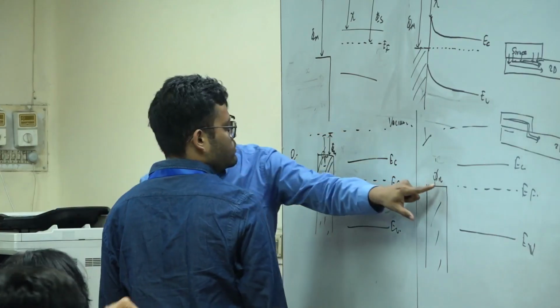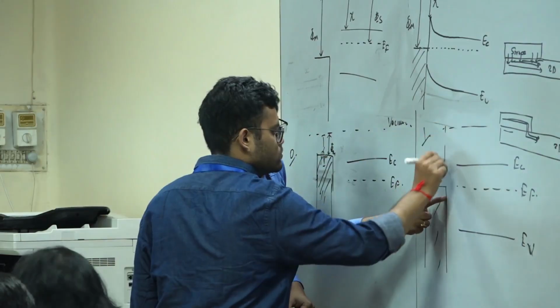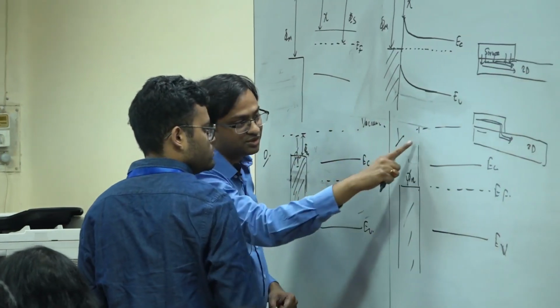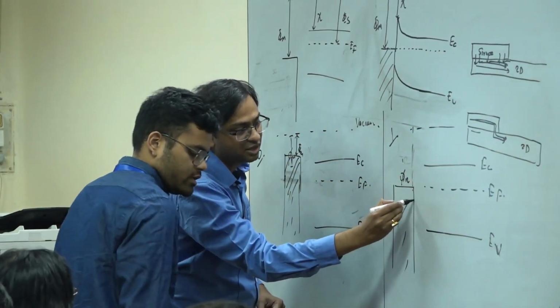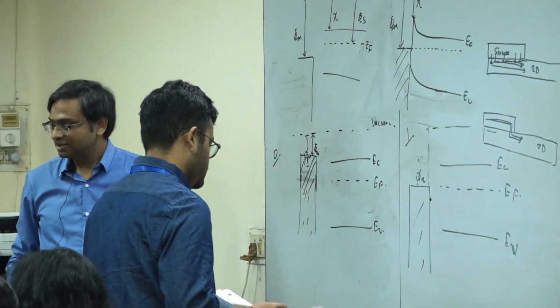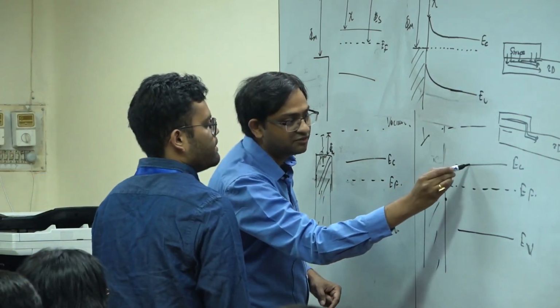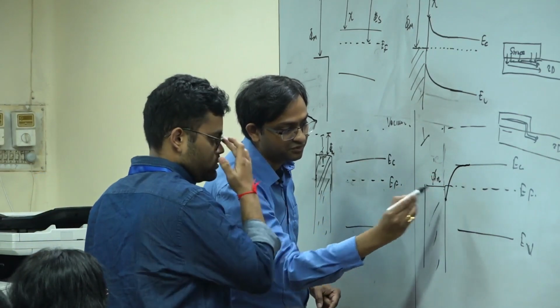So if phi m is stuck here, chi has to be bigger. So I think you drew your EC correct. EC is now here. Make sense? EC has to be there. So your Fermi level remains the same, and now it will bend downwards.